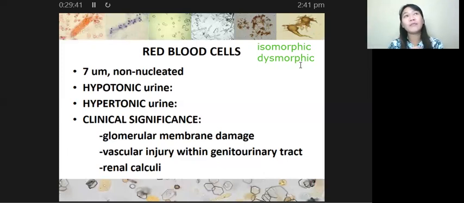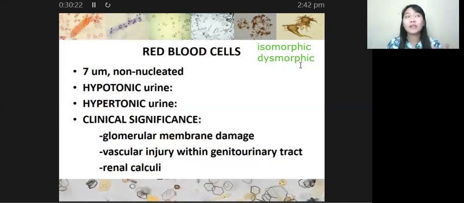Remember that in the case of your crenated RBC, it underwent crenation due to the tonicity of your urine. 'Di ba? Yung urine po ay hypertonic, kaya siya naging crenated. Hindi po dahil ang RBC mo ay of glomerular origin.